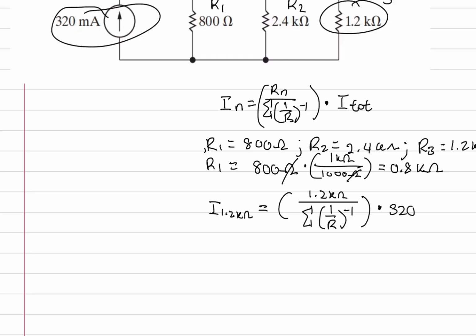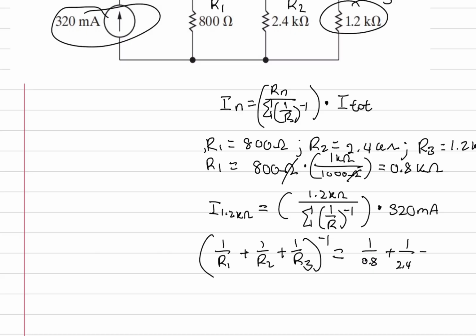We can add 1 over R1 plus 1 over R2 plus 1 over R3, and then we have to take the reciprocal. This equals 1 over 0.8 plus 1 over 2.4 plus 1 over 1.2, and then the reciprocal.